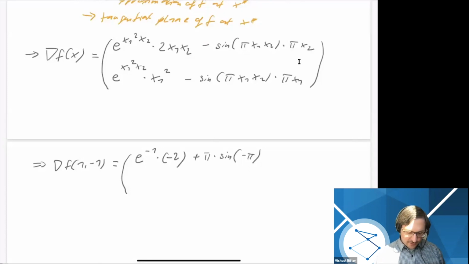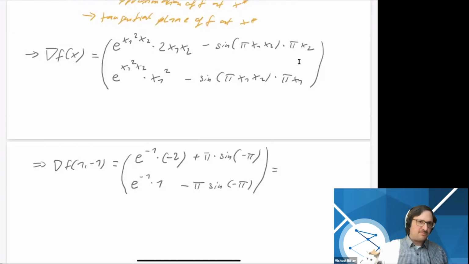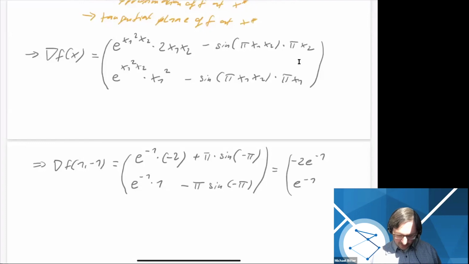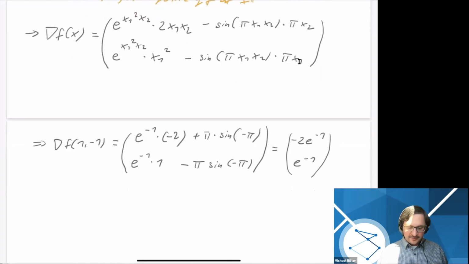And the second coordinate is e to the minus 1 again times 1 this time, minus pi sine of minus pi. If we evaluate that, the sine of minus pi is 0, so those second parts just vanish. We are left with minus 2 e to the minus 1 and e to the minus 1. Okay, so that's our gradient.